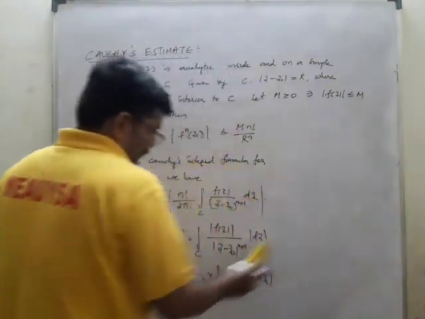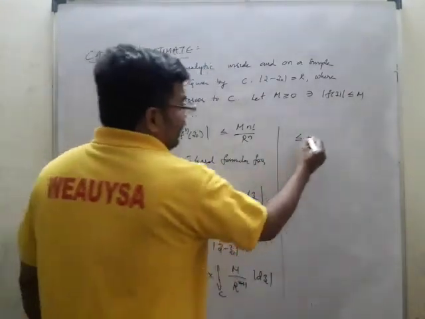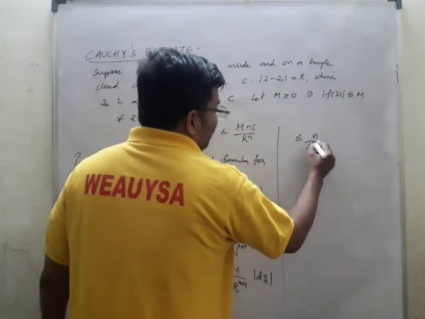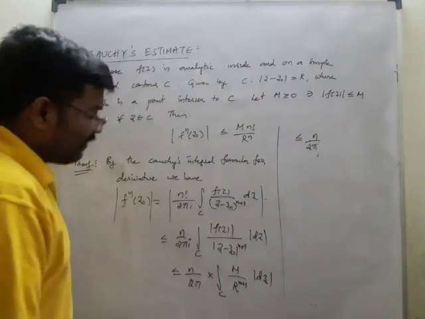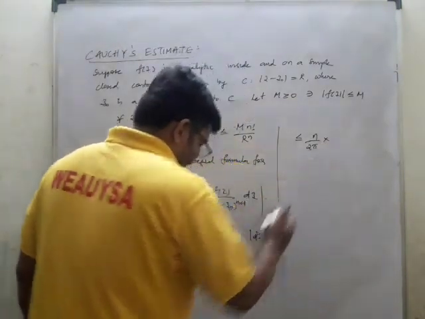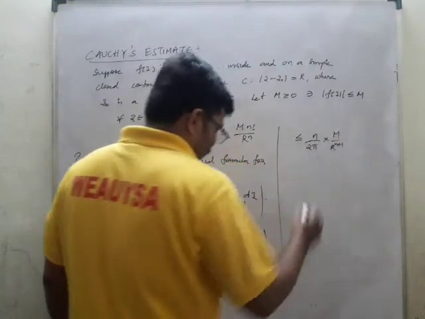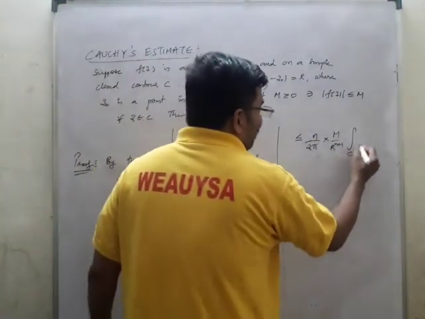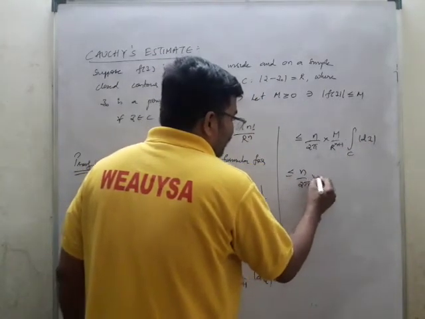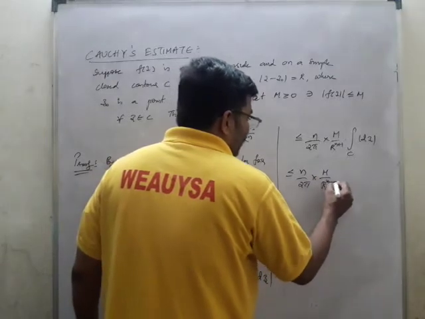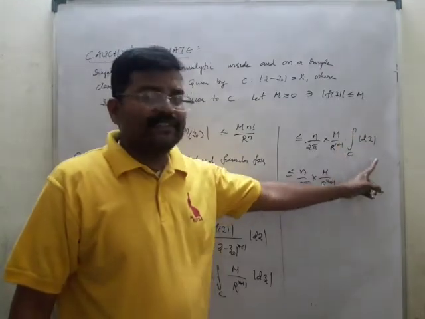So therefore what we can write here is that this is less than or equal to n! by 2π, into M by r to the power n+1, into the integral over C of |dz|, which is the length of the curve, which we have already done.